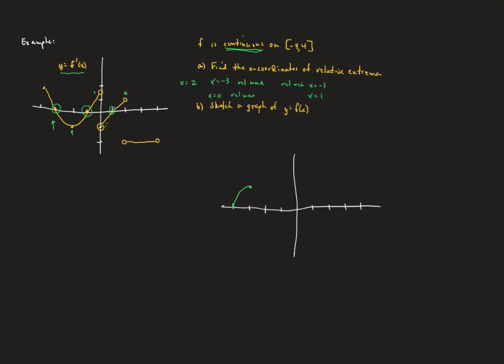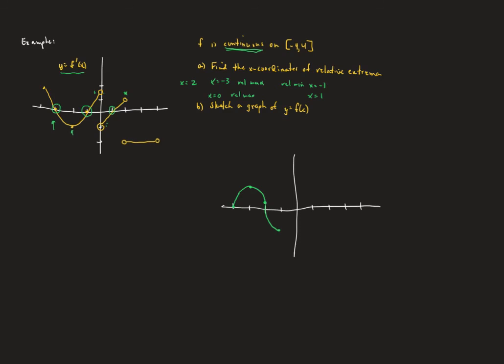And remember, when there's a relative min or max in the derivative, that's going to be an inflection point. So we're going to get to here, and then it's going to change from being concave down to being concave up. And when we get to negative 1, that's going to be our relative minimum. So I'm going to make just my left hand touching the screen.